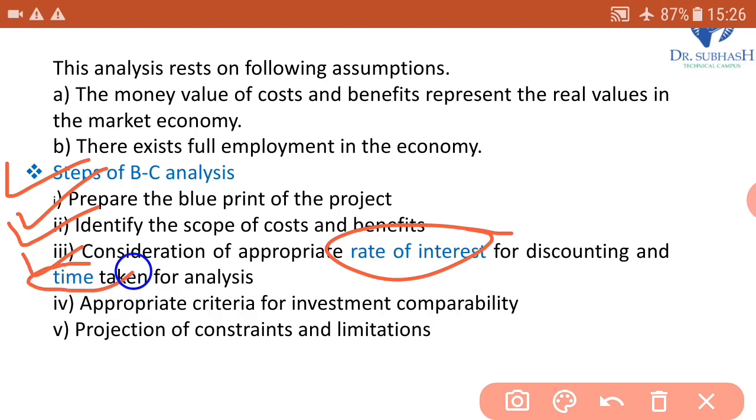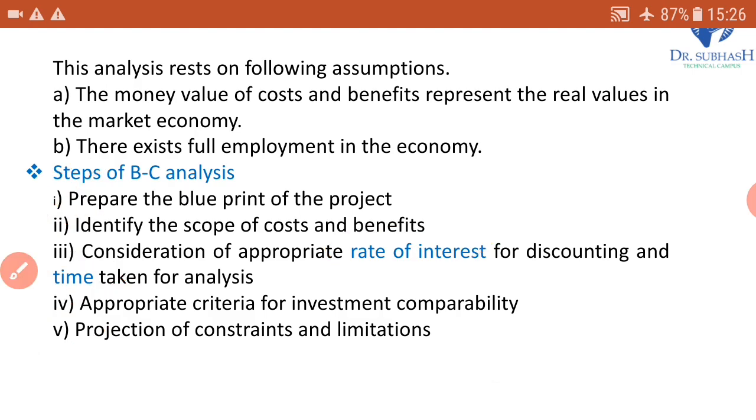So these two, rate of interest and time, we have to consider in our analysis. Next one is appropriate criteria for investment comparability. Next one is projection of constraints and limitations. So these are the steps.